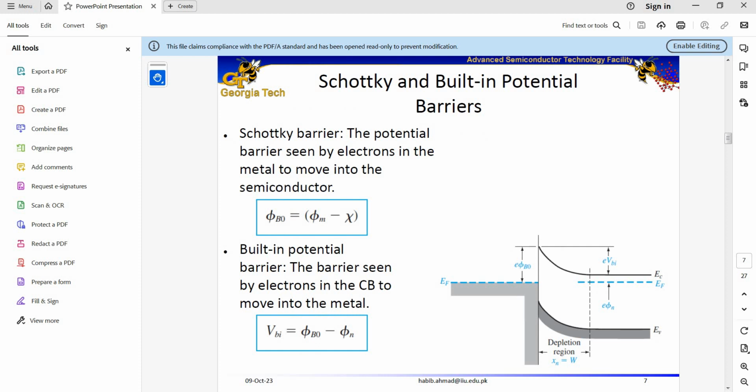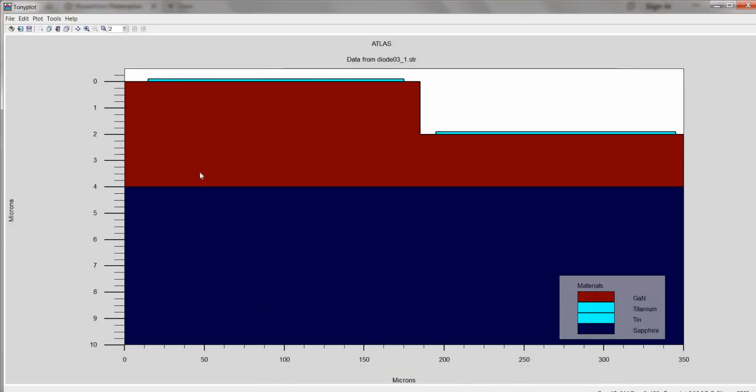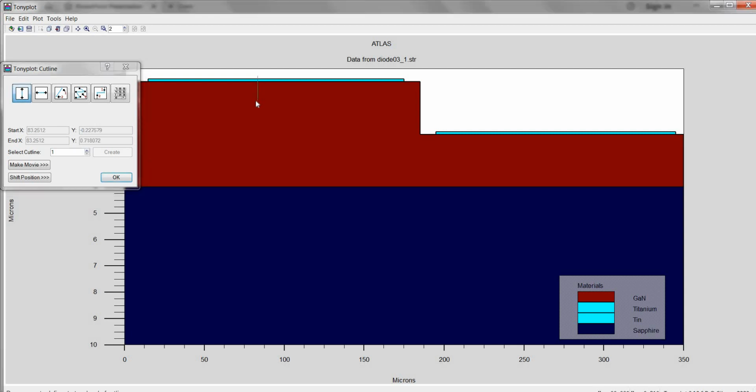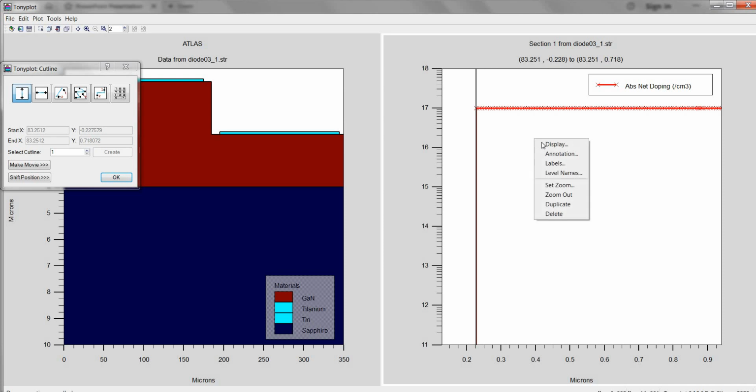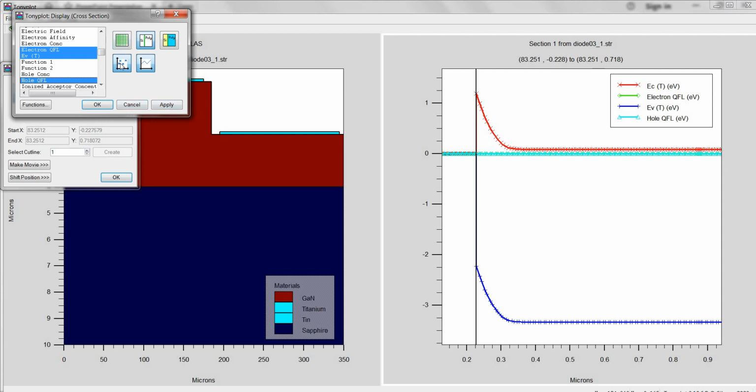Now let us run our code. In fact, the code is already run, but I want to show you a few things inside this structure. So in the structure, I want to show you the energy band diagrams. I define a cut line over here on the Schottky contact, and then I want to show you the conduction energy level, the valence energy level, the electron quasi-Fermi level, and the hole quasi-Fermi level under thermal equilibrium.